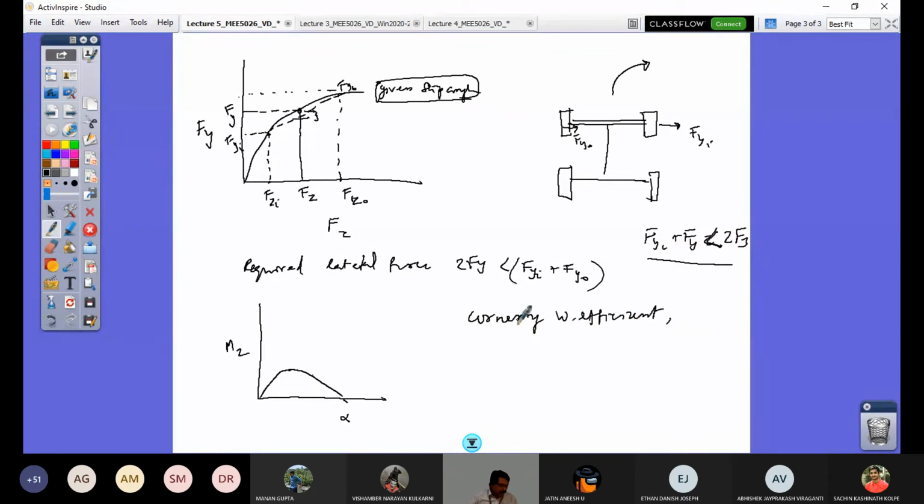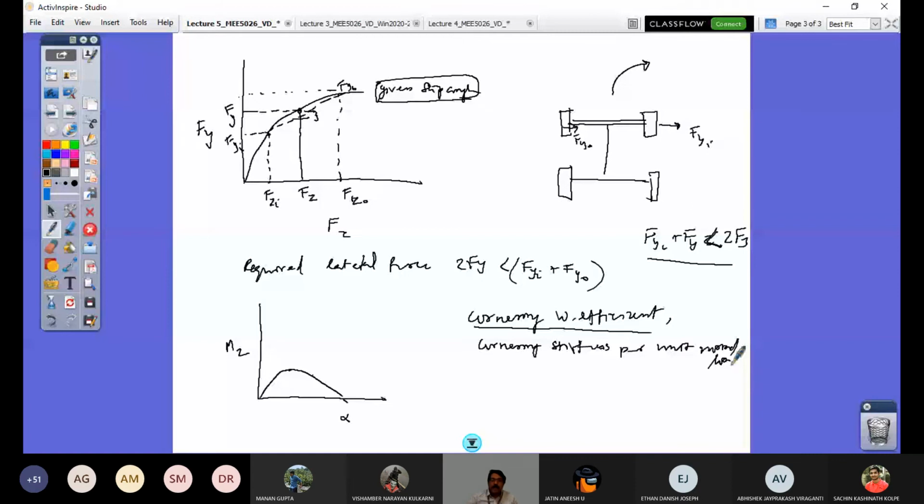So what is cornering coefficient? That is defined as cornering stiffness per unit normal load.